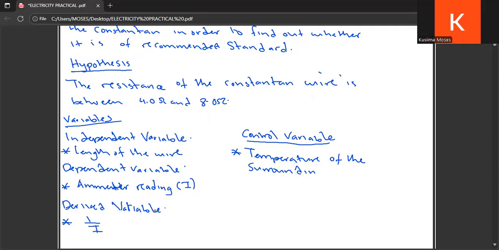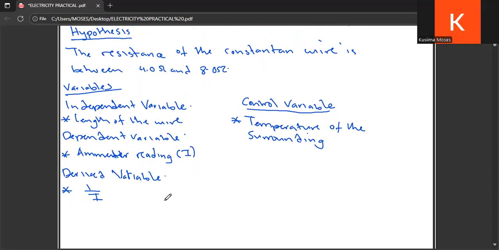Remember, temperature is one of the factors that affect resistance. Since we are varying the length of the wire, we need to keep the temperature of the surrounding constant. Someone can even say the cross-sectional area of the wire should stay constant. Those are our control variables.